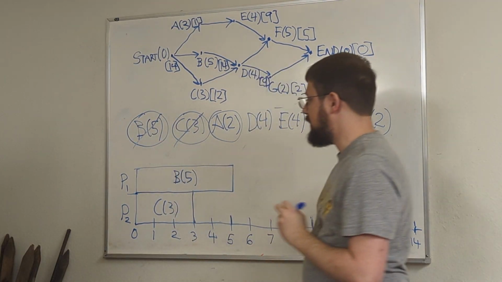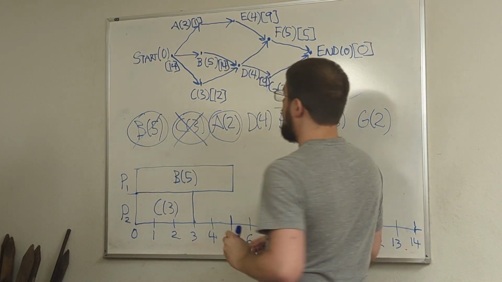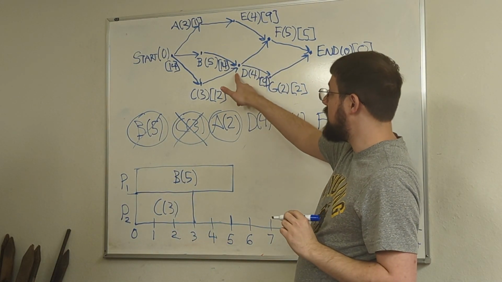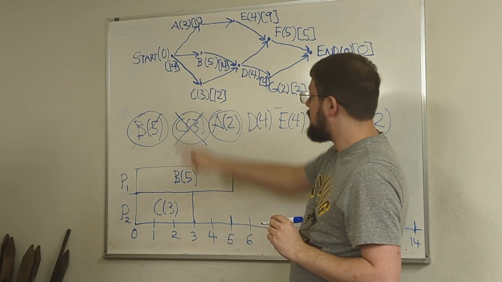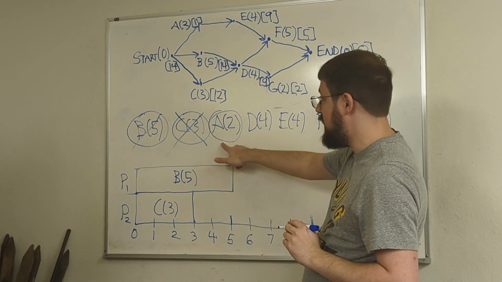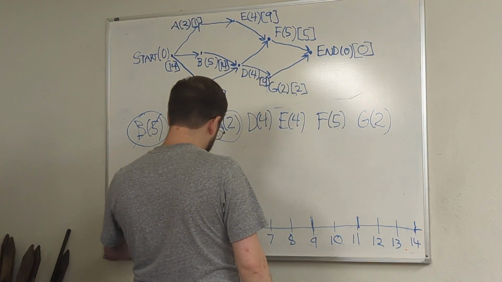Next thing that happens is we finish C. Once we finish C, note that D is still not available yet because we haven't finished B yet. So the next thing that we're going to start on is going to be A, our next available task, with a processing time of 2.